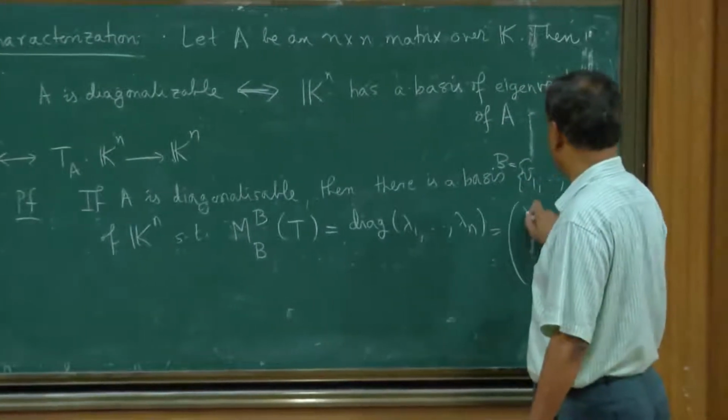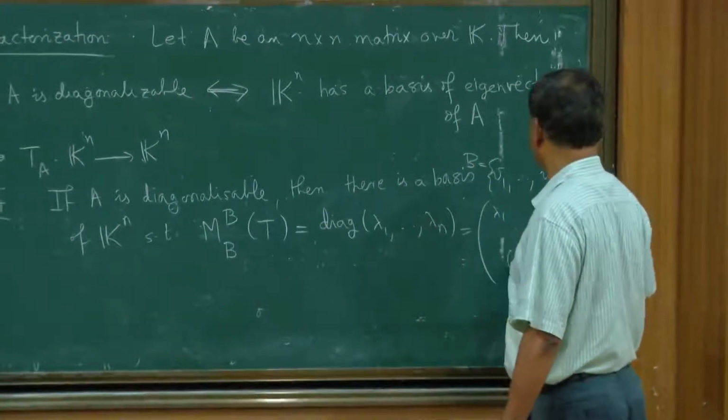That means I have lambda 1, lambda n and 0 elsewhere.